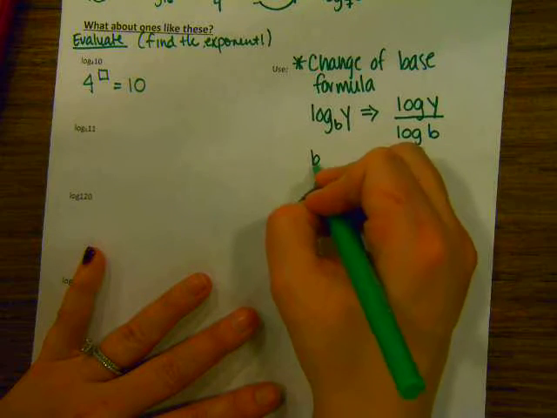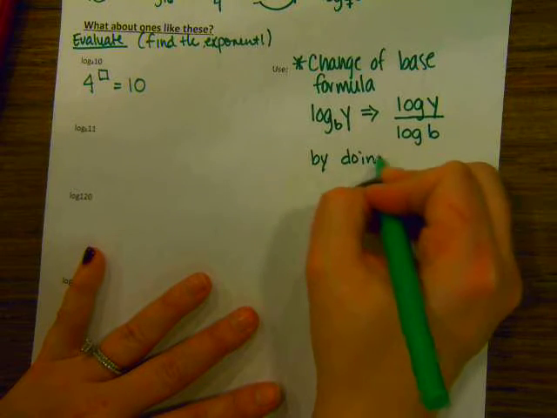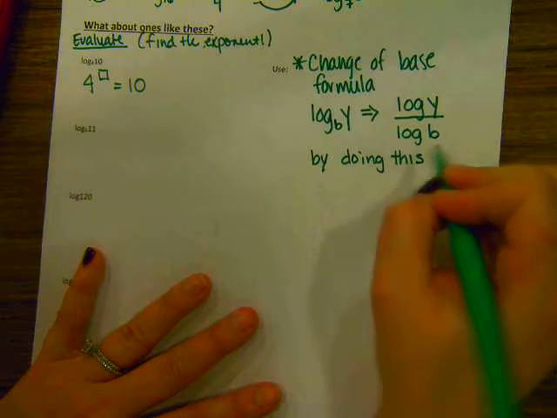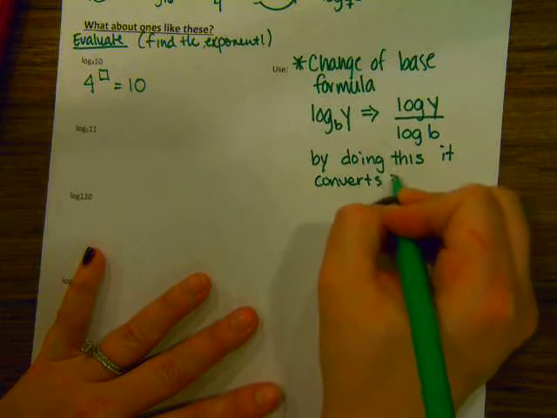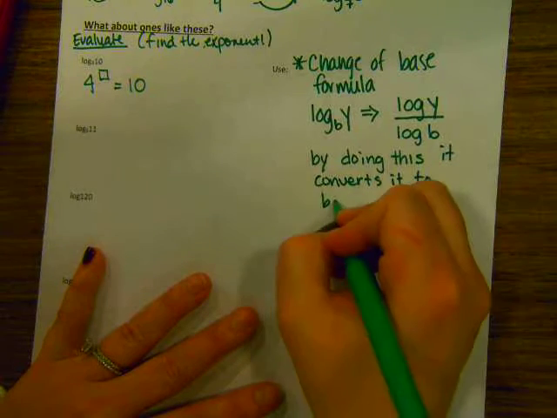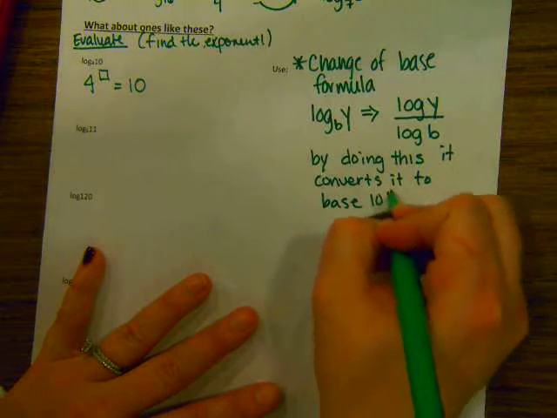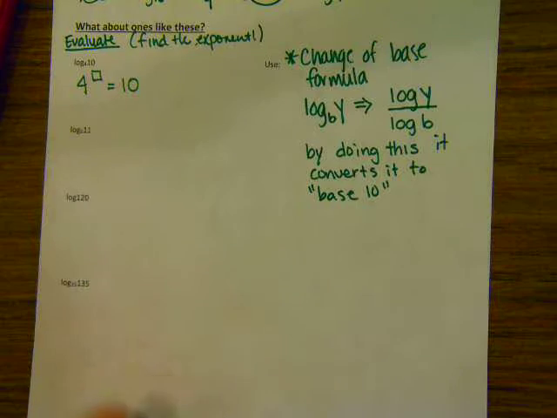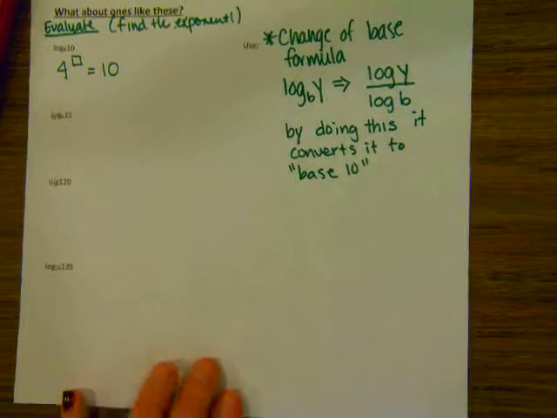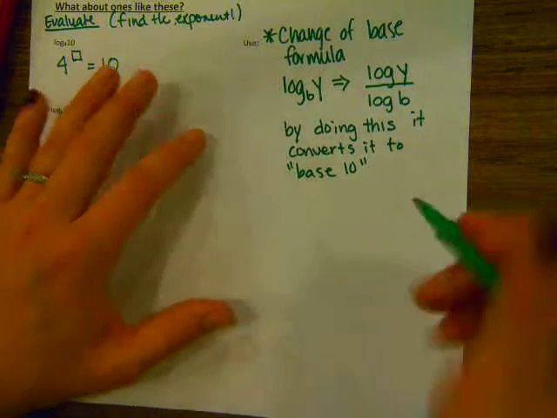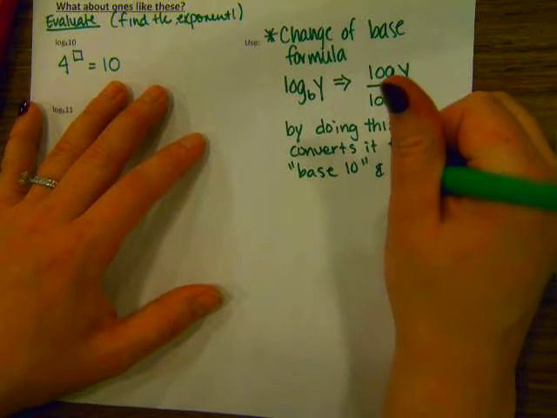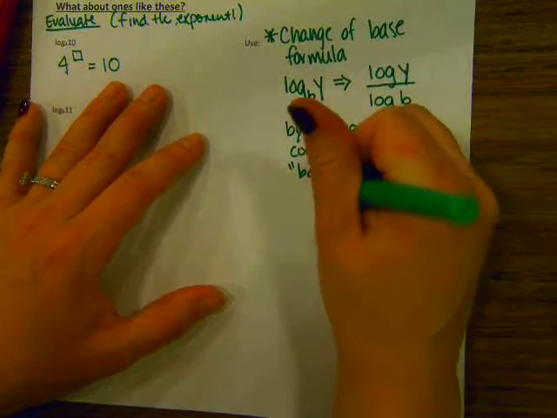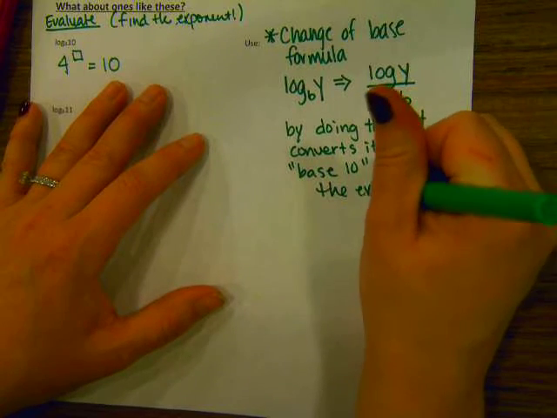So by doing this, it converts it to base 10, as they call it. So it basically converts it in the calculator to give you the decimal exponent, okay? It converts it to base 10 and finds the exponent for you.